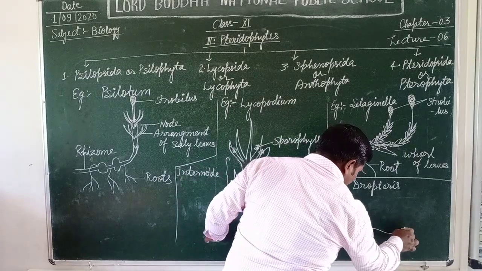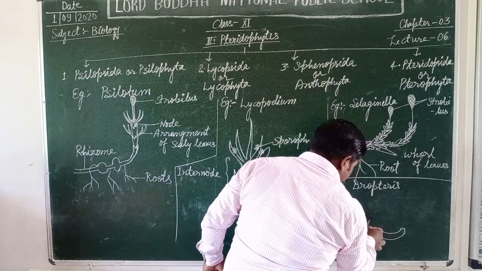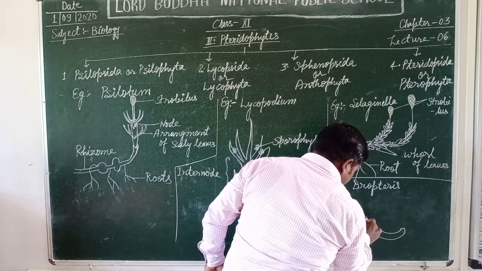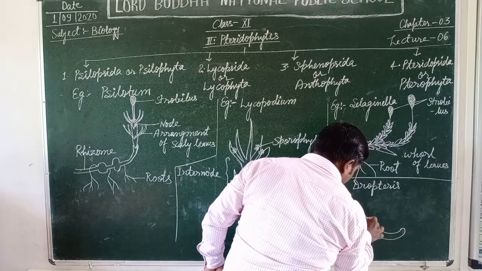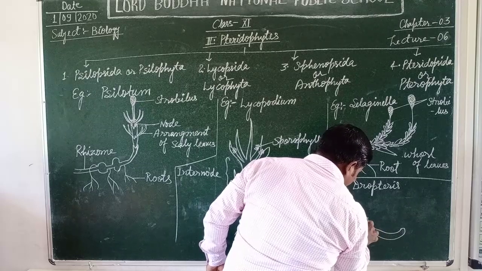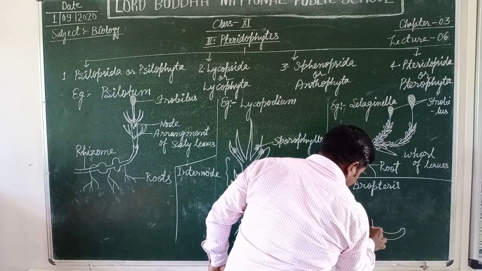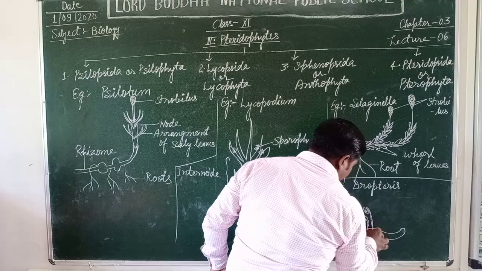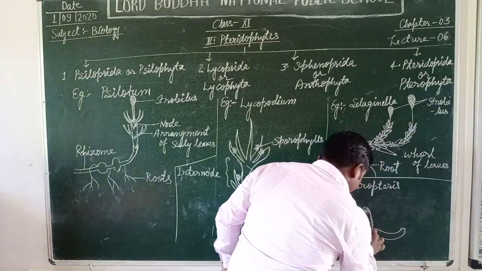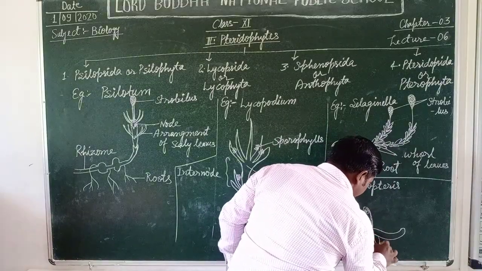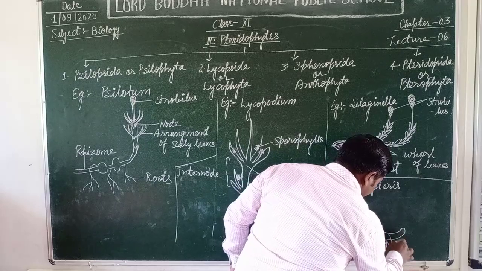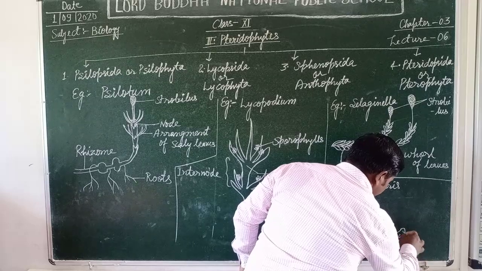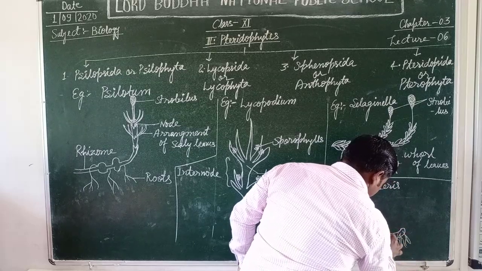This is a rhizome on which many scaly coiled leaves are found. These leaves are responsible for the further development of the rachis, and the brown adventitious or fibrous type of roots are present on the rhizome part of the Dryopteris.